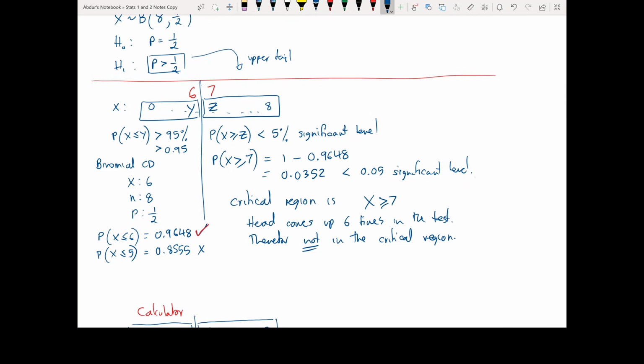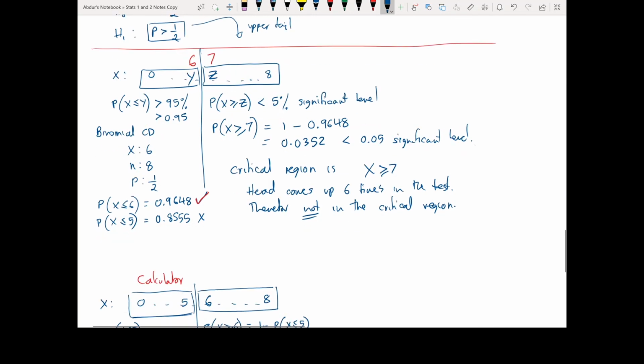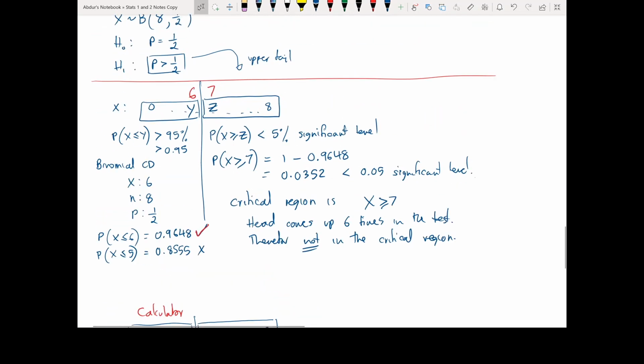So we can make the same conclusion: insufficient evidence to reject the null hypothesis, H0. Therefore, the coin is not biased towards heads.